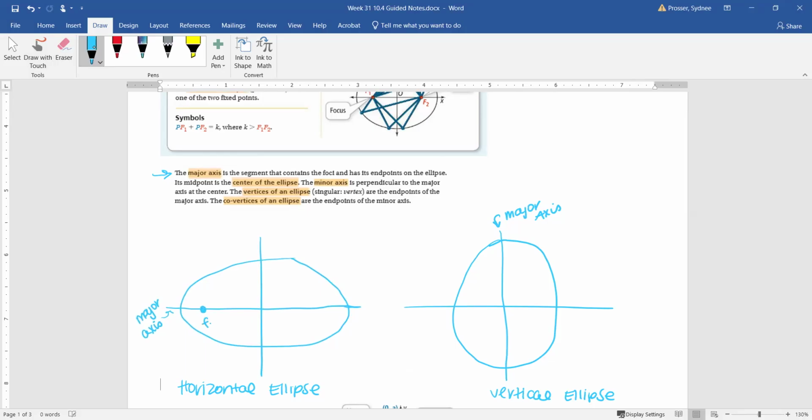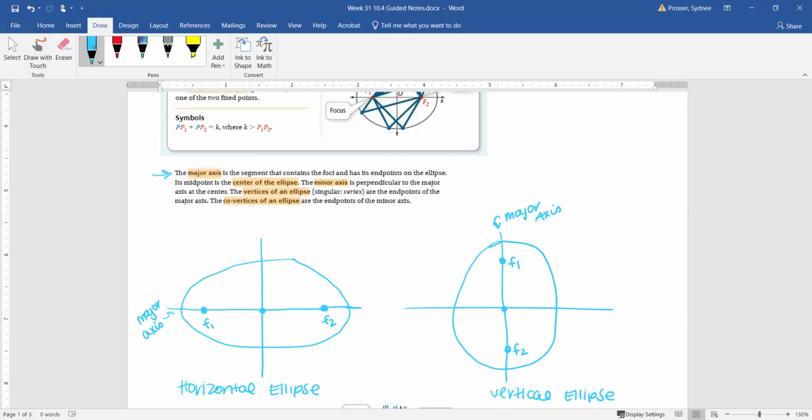I'm going to call this one F1 and this one F2. And again, for the vertical ellipse, they're always on that major axis. So we've got foci 1 and foci 2. Okay? And so then we have the midpoint is the center of the ellipse, and so that's our center here.